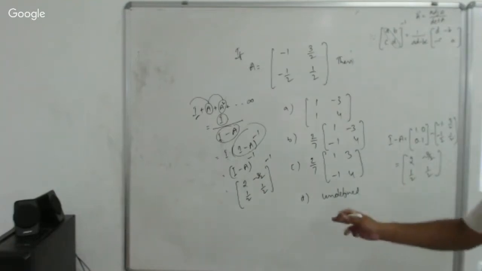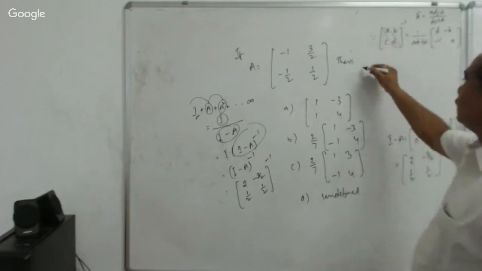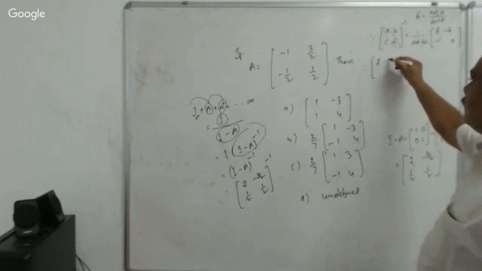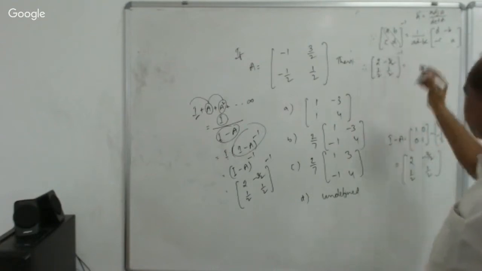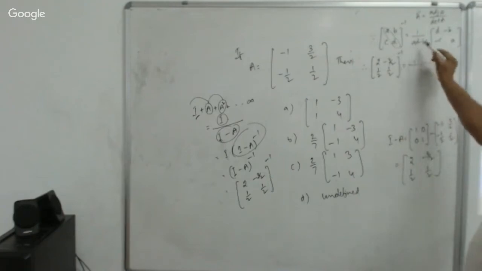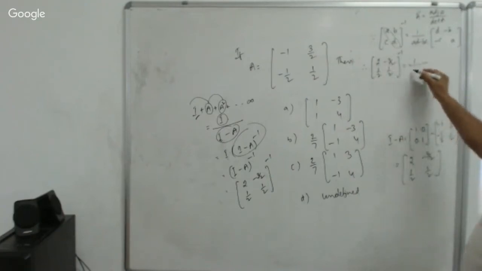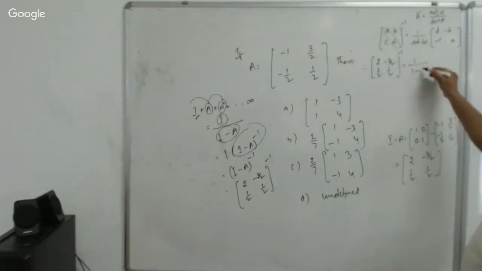Now, by applying that formula, we get the inverse of the matrix [2, -3/2; 1/2, 1/2] equal to 1 by (AD minus BC). 2 into 1 by 2 is 1, minus BC: the product of these two, minus 1 by 2 into minus 3 by 2, minus 3 by 4, plus 3 by 4.